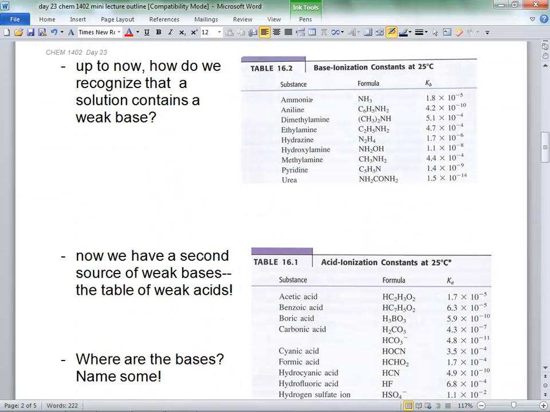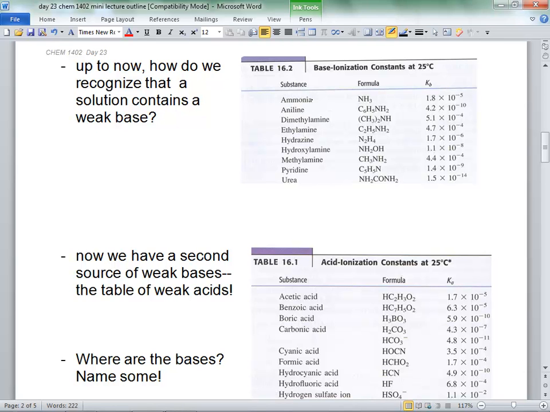Up to now, how do we recognize, AJ, that a solution contains a weak base? It's not strong. Well, kind of, but it's in the chart, right?